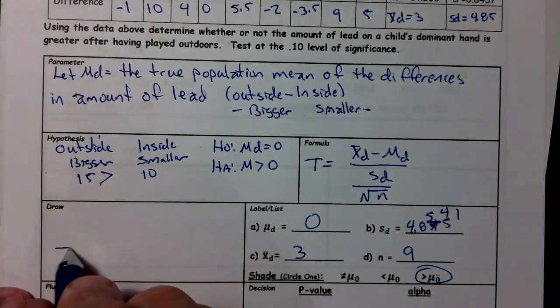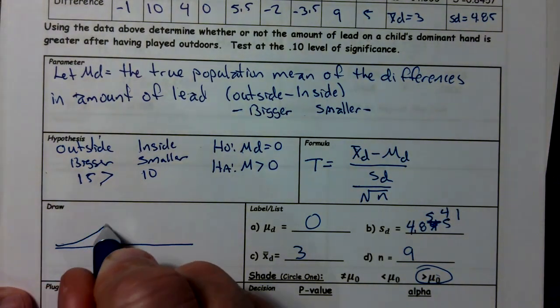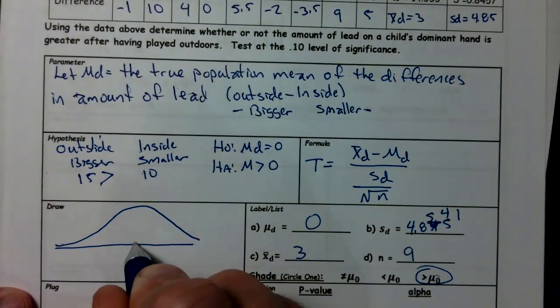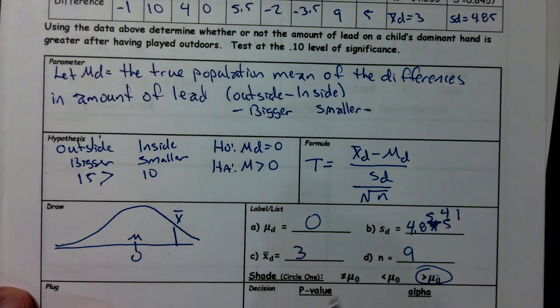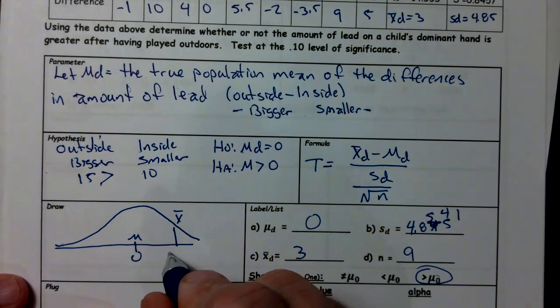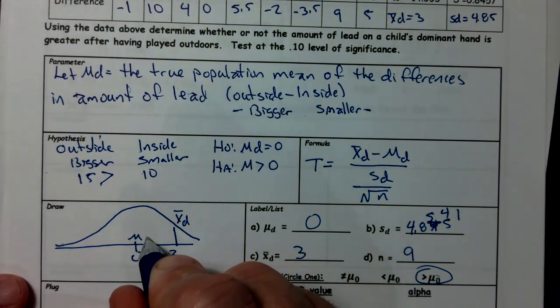So now we can draw our picture, and we have a mean of 0. We have an x bar D of 3.